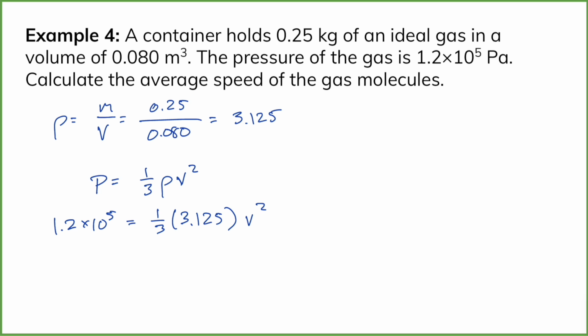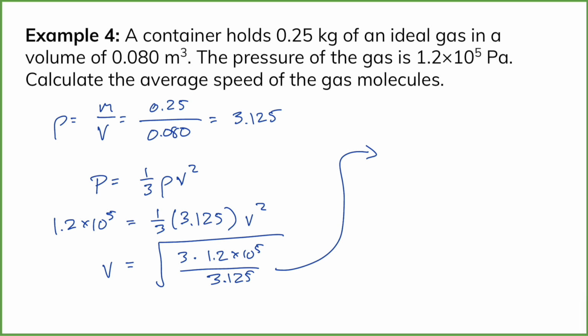And we can rearrange this so that v would be the square root of 3 times 1.2 times 10 to the 5 all over 3.125. So I can plug this in my calculator, and I get an answer of 379.4. So I will say the average speed of these gas molecules would be 380 meters per second.